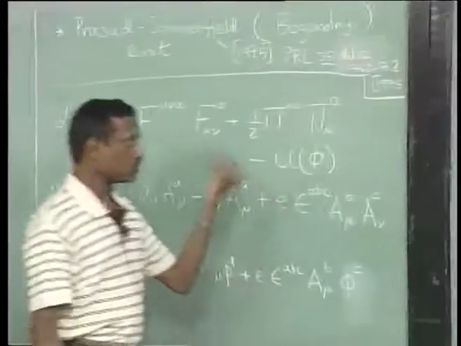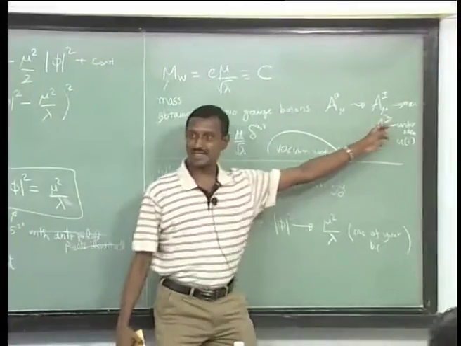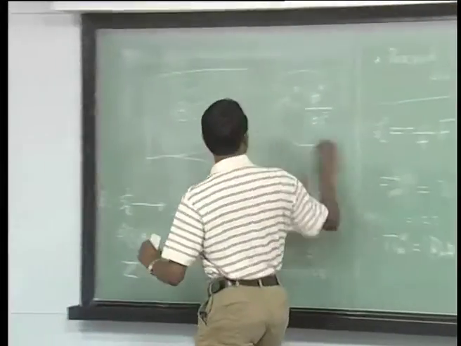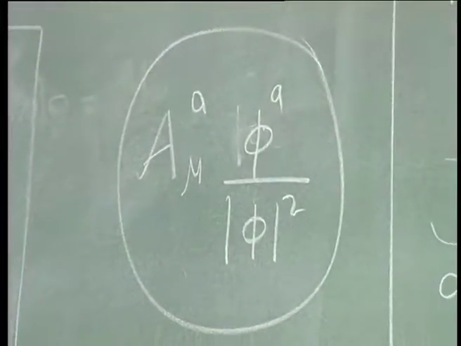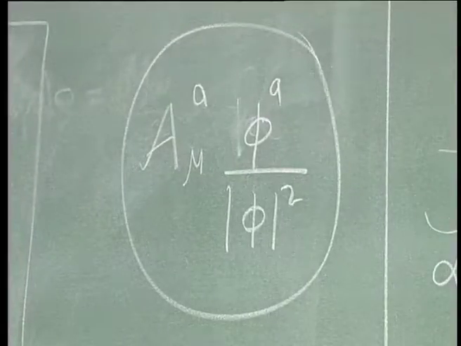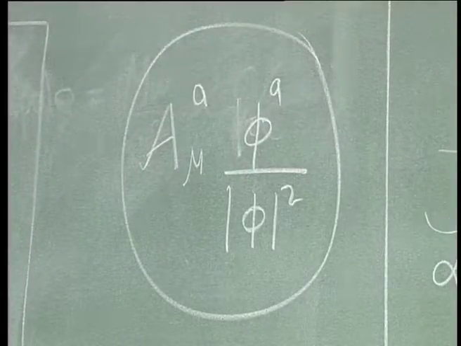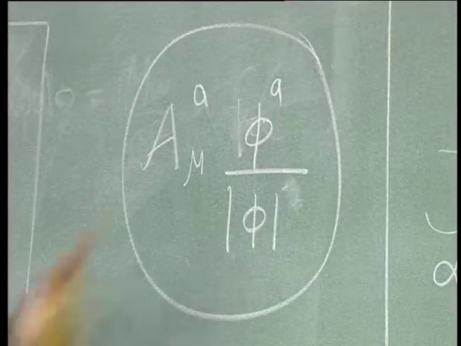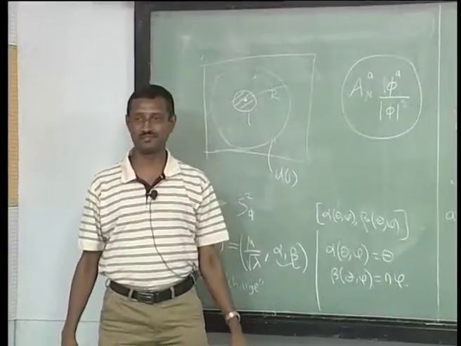Suppose in some region it looked like this, we know that this has to be the u1. So this tells you that this should naturally be the u1 which you should look at. Yeah, it should be mod phi. It's a unit vector in this space.